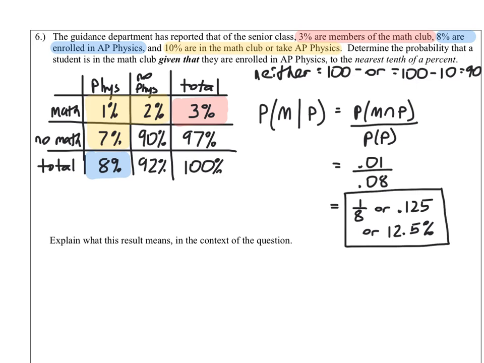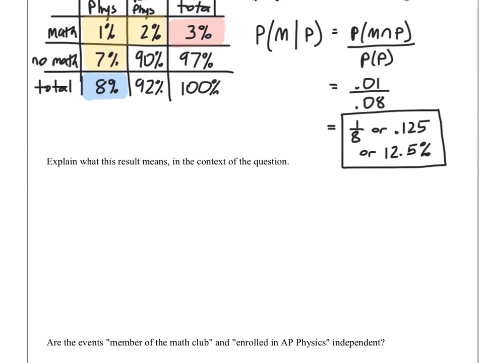The next part of the question is asking us to explain exactly what this result means in the context of the question. The number we just found was the probability that a student is in math club given that they are enrolled in AP Physics.